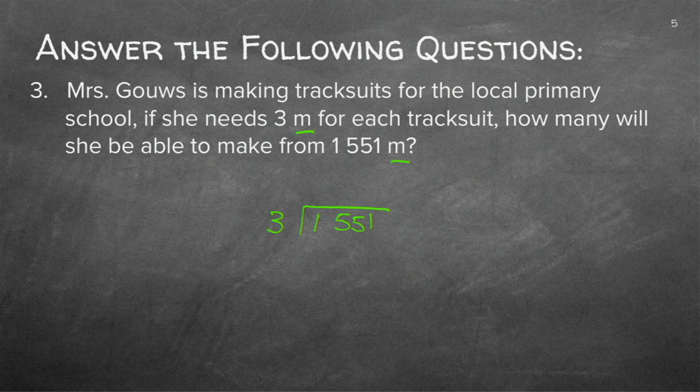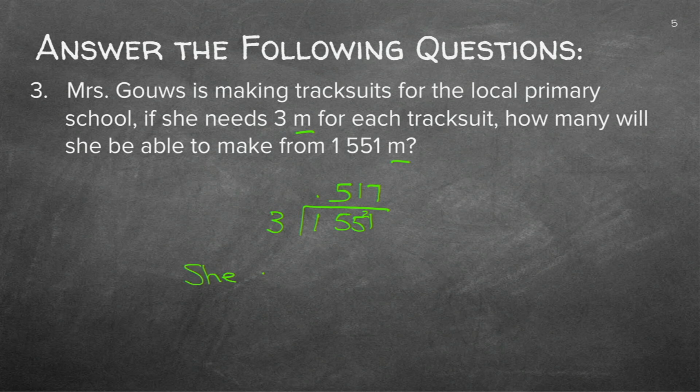So 3 can't go into 1. So 3 goes into 15, 5 times. 3 goes into 5, 1, and what will be left? 2. 3 goes into 21, 7 times. So how many will she be able to make from 1,551 meters?